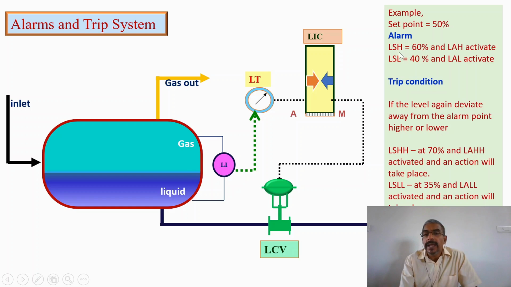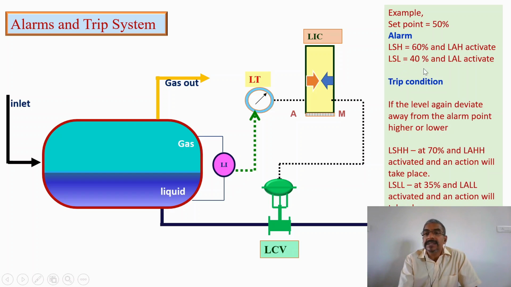Look here. Suppose the level is 60% and going up, or the LSL level is going to 40%, that is 10% down from the set point.